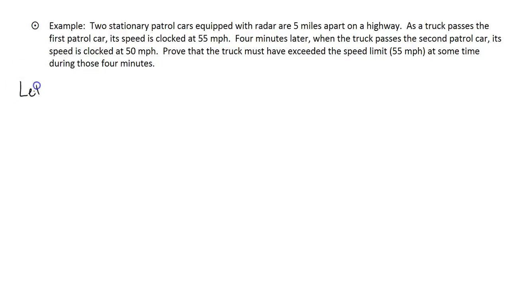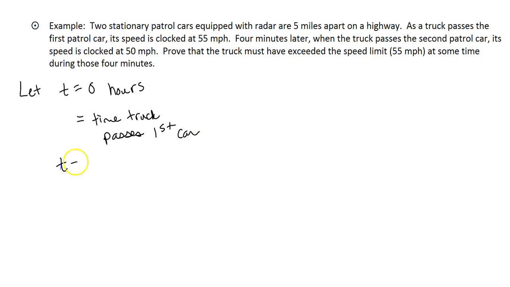So we're going to start by letting t equal 0 hours. And in any case, that's going to be the time that the truck passes the first car. Now, when t is equal to 4 over 60, because that's 4 minutes, or 1/15 of an hour, this is going to be the time the truck passes the second car.